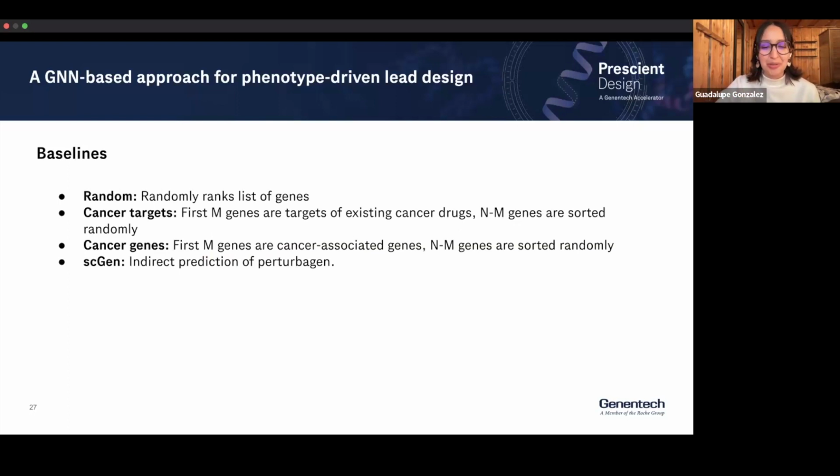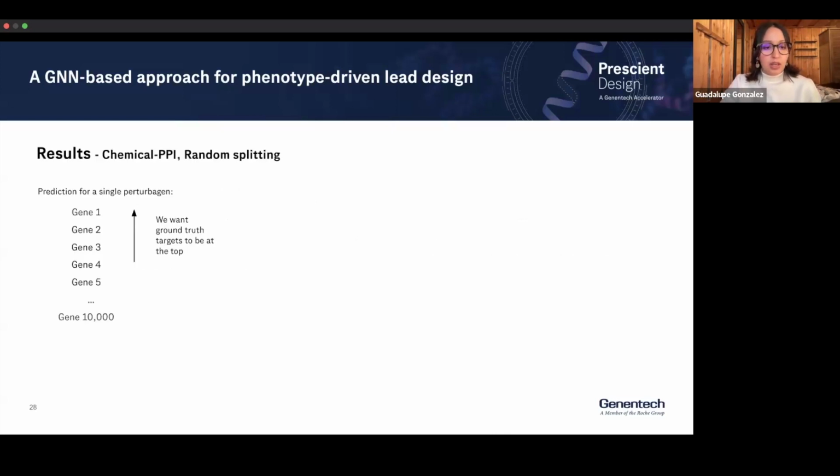We are working now on potentially adding more response prediction baselines, but this was a good baseline because we could use it with both chemical and genetic datasets, and it works in known samples and new cell lines. So it worked on all the settings, so it was a good baseline to include.